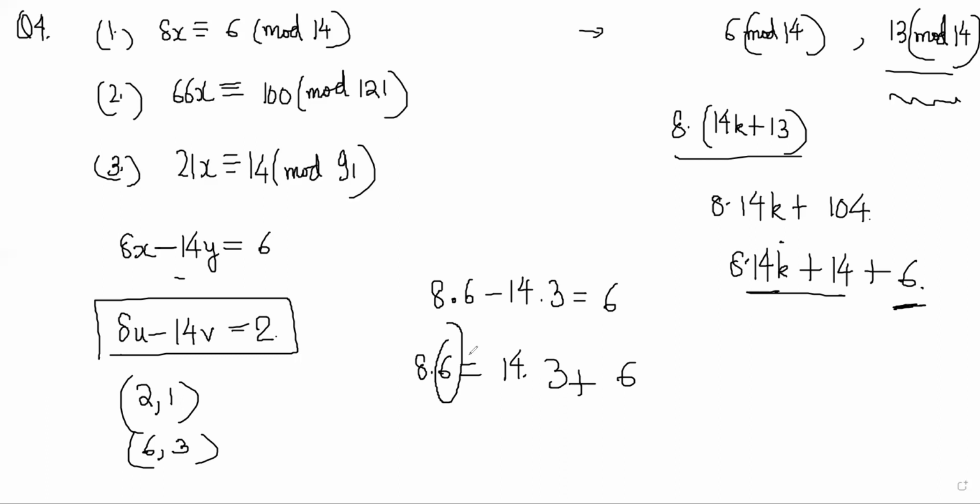What is a nice way to get the other root? Eight into 6 is equal to 6. 2 comma 1 comma 3 is the solution.